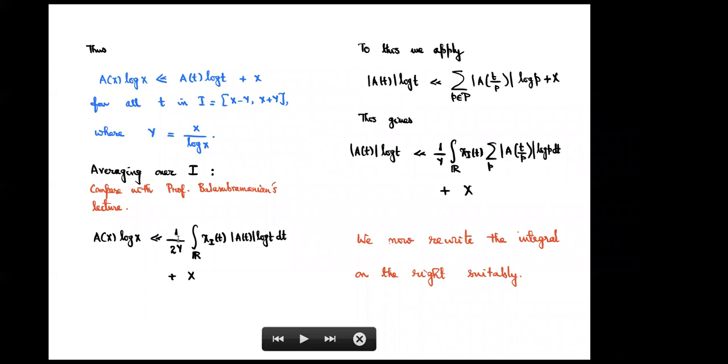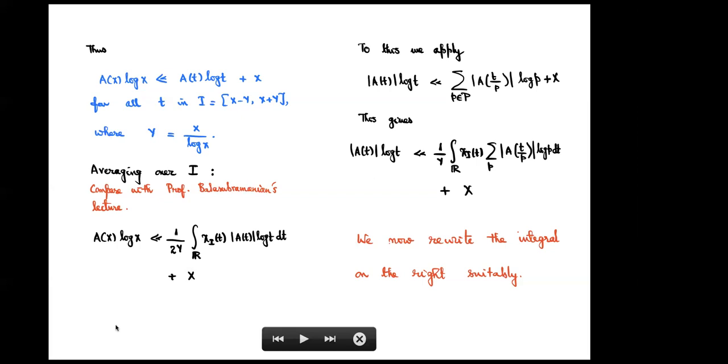And you have divided by the length of the interval. So you see, these things are not going to change. What will change is that at log t will be replaced by its average over the interval. I have put the characteristic function of the interval, though I have written the integral as over the real line. The integral is actually over the interval I, divided by the length of the interval. So it's the mean of at log t plus x.